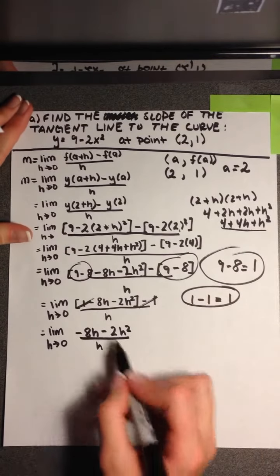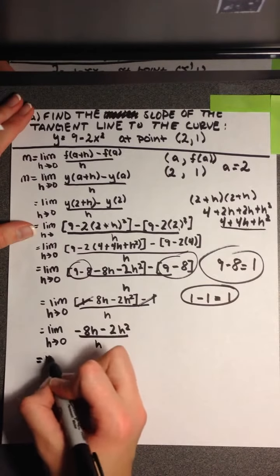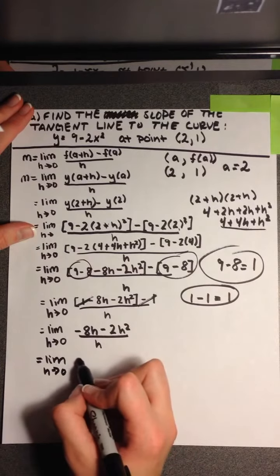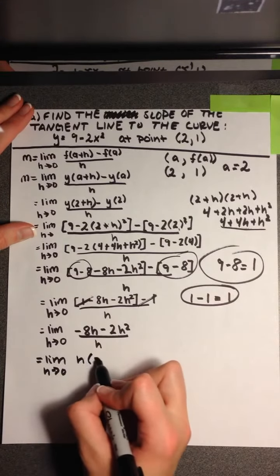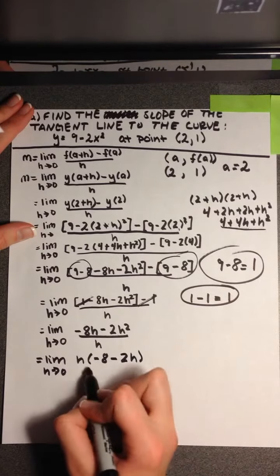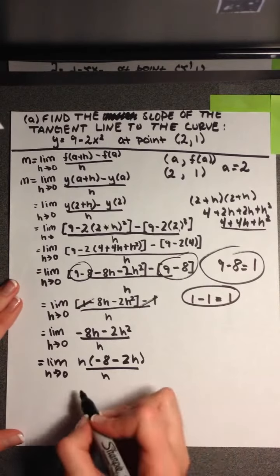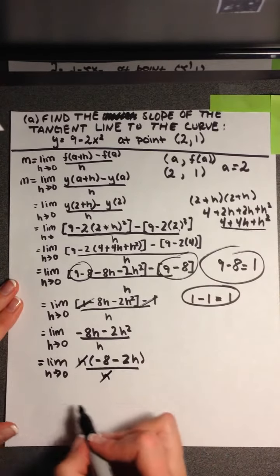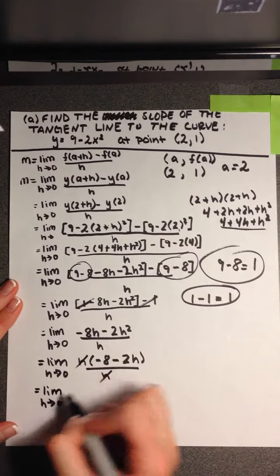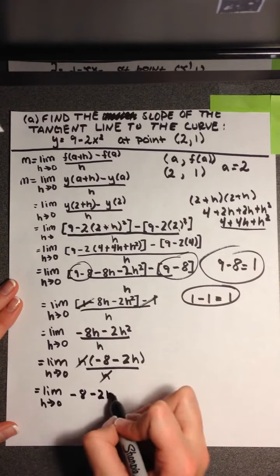The next thing we can do is factor out an h in the numerator. That's going to give us the limit as h approaches 0 of h times negative 8 minus 2h, over h. These h's can cancel out, which is going to leave us with the limit as h approaches 0 of negative 8 minus 2h.